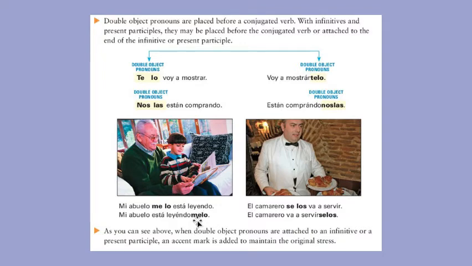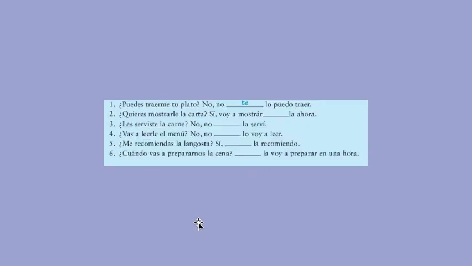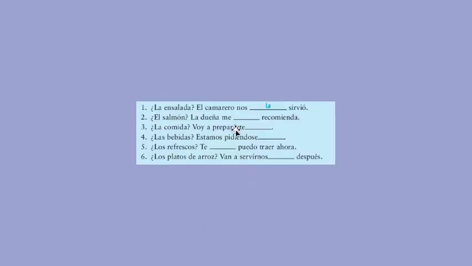And when you add these syllables, you're messing with the natural stress of the word, and therefore must add an accent mark to represent where the stress should go. Leyéndomelo, just like leyendo. Or el camarero se los va a servir. El camarero va a servírselos. Because you still want it on the same syllable. Servir, servírselos. As you can see down here with preparártela or pidiéndoselas.